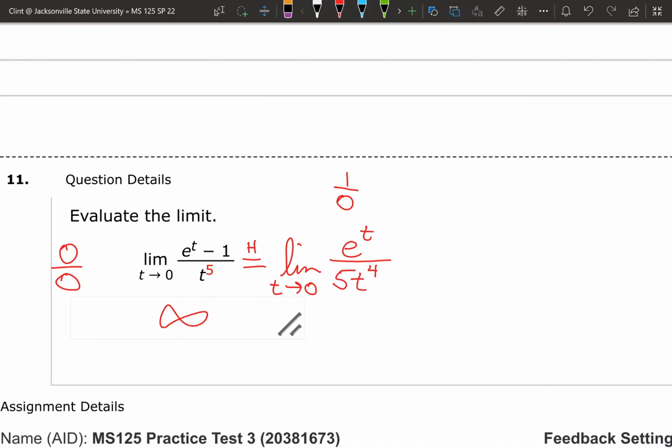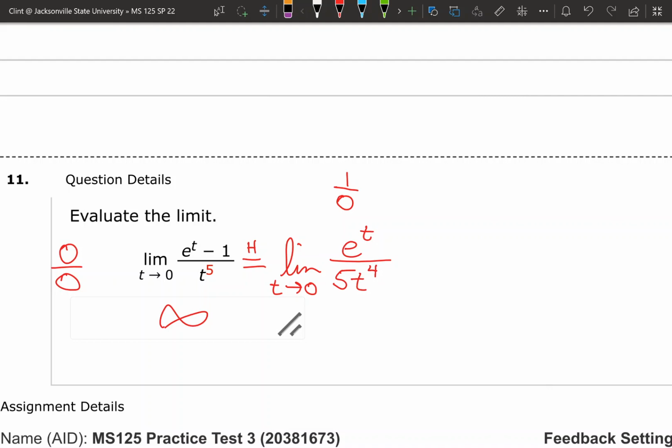For sure we get 1 on the top. For sure we're getting 0 on the bottom. But what happens is, if we come in from the right, these are getting smaller and smaller. So 1 divided by a smaller and smaller number is going toward infinity.